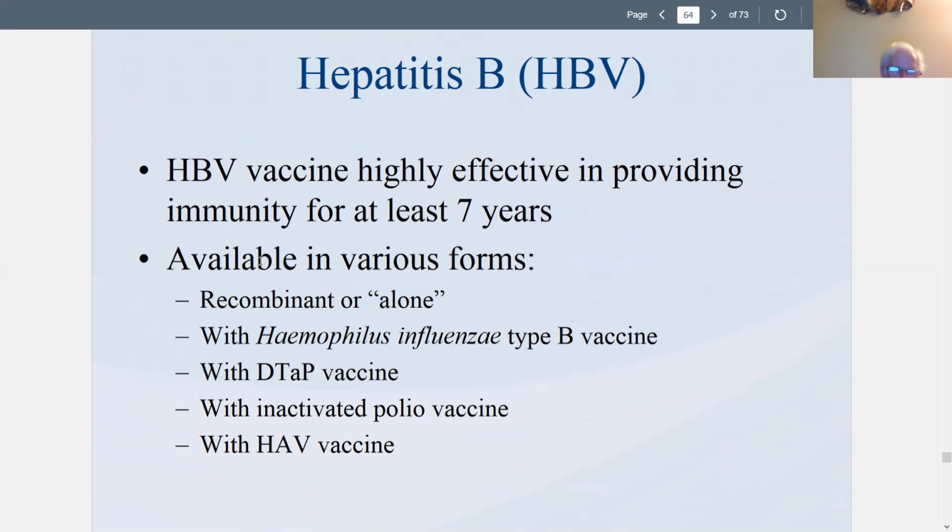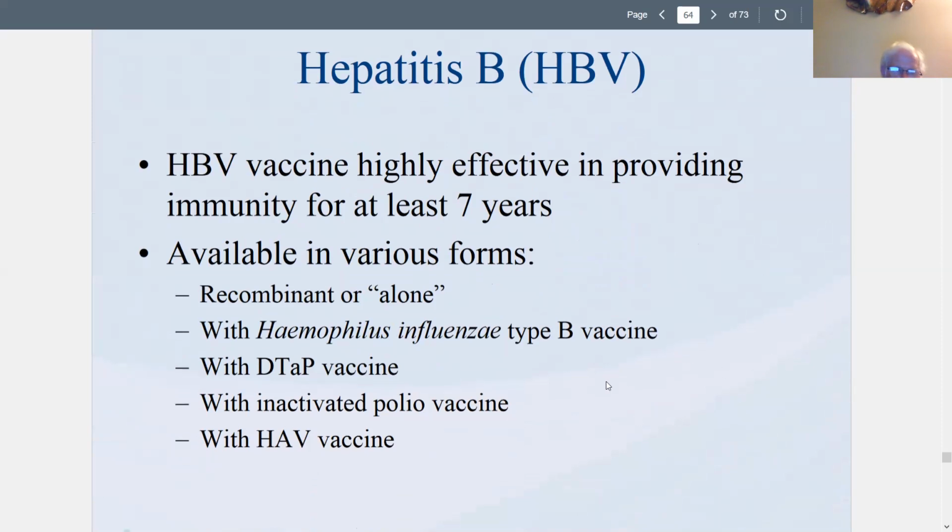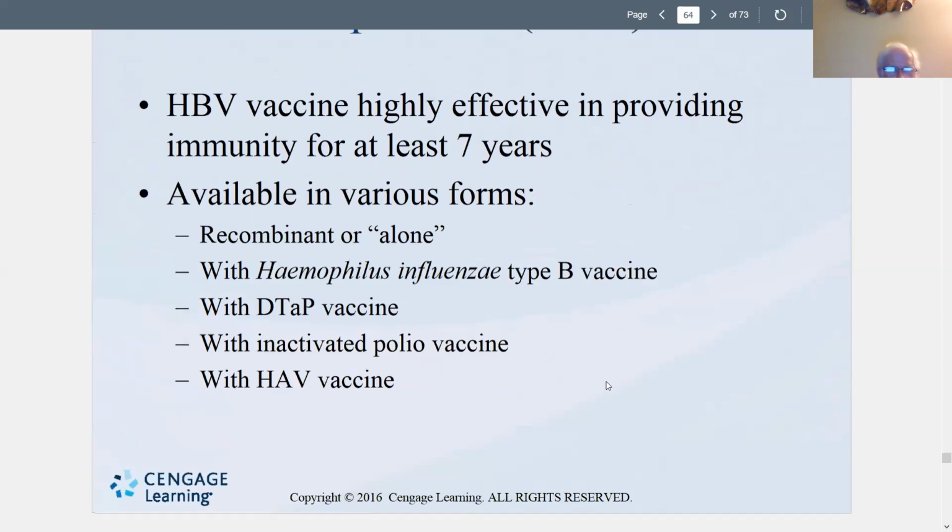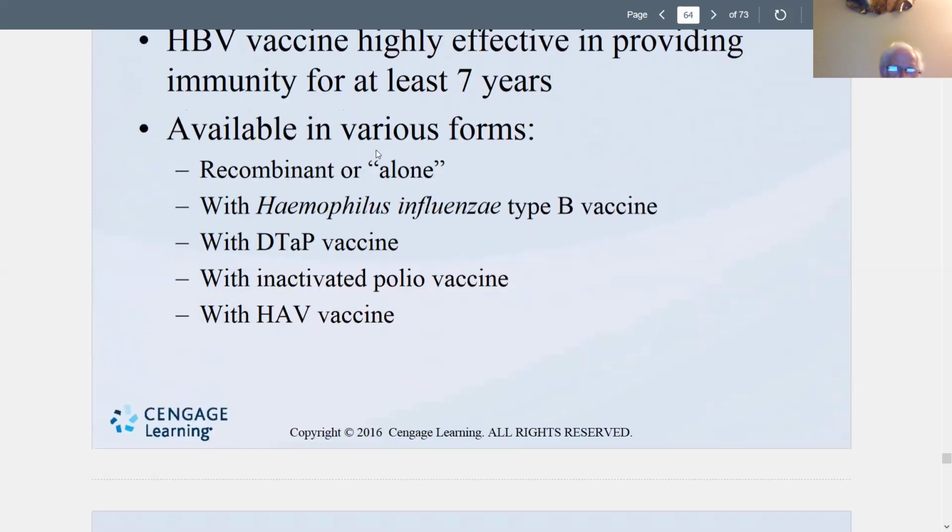It is available in a variety of different forms. It can be combined with others, including the Hep A vaccine. Most of the time when we talk about a hepatitis B vaccine, we're talking about something that is what we call univalent.